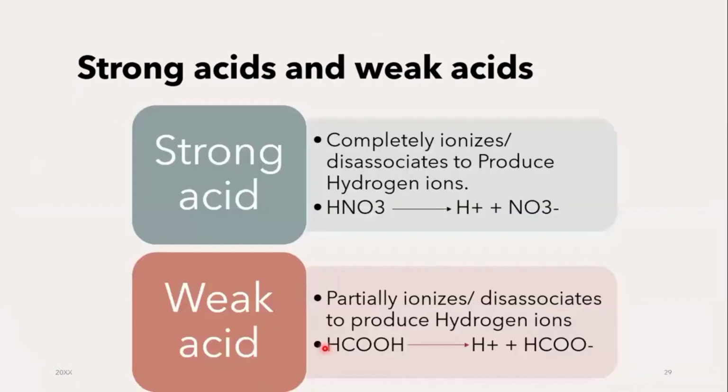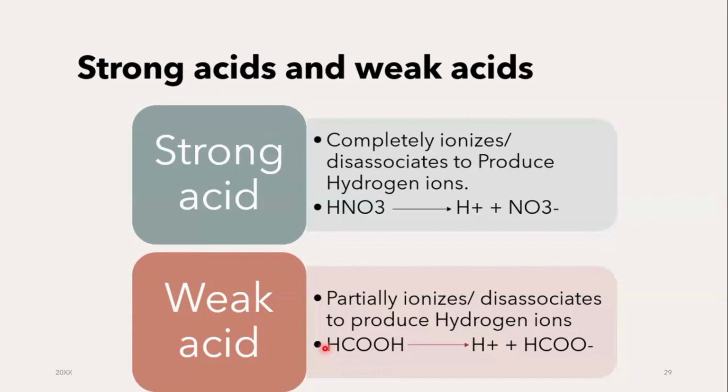Now, another really important portion of this topic is to be able to identify strong acids, weak acids, strong bases, and weak bases. What are strong acids and weak acids? What is it all about? Strong acids are acids that will completely ionize to give you hydrogen ions.